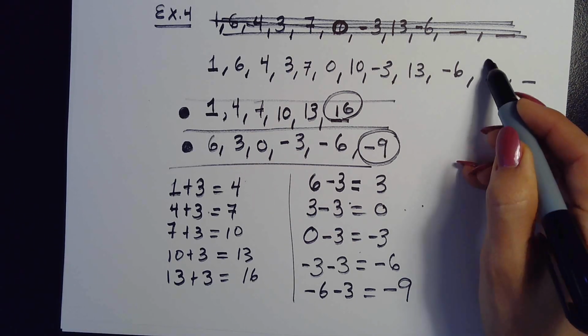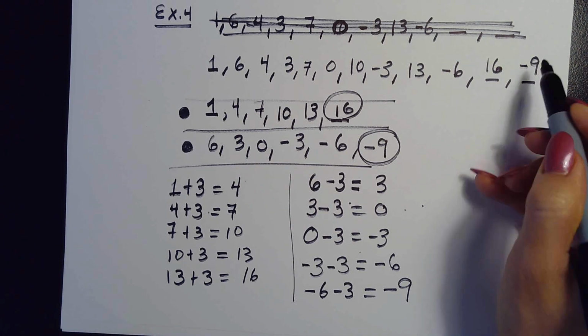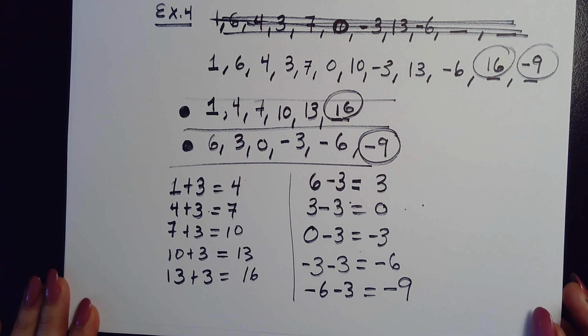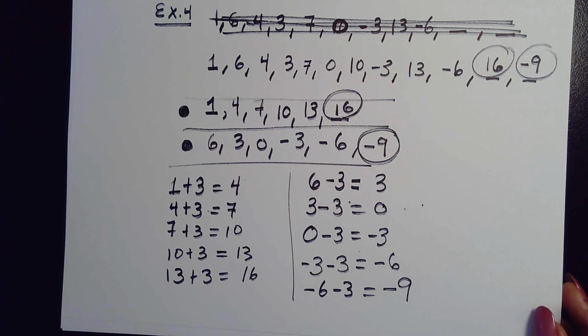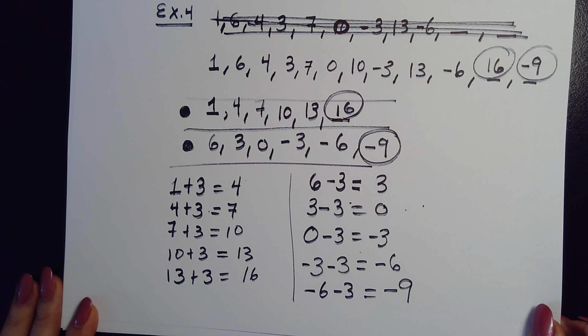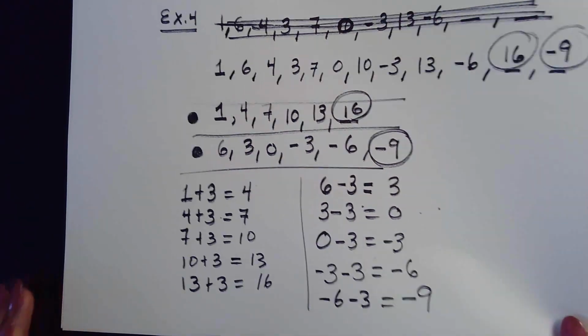This one would be 16 and this would be -9 right here, the next two. Okay, so this one requires a little more thinking. So some of these problems you're going to need to try different approaches, and this one was one of that type.